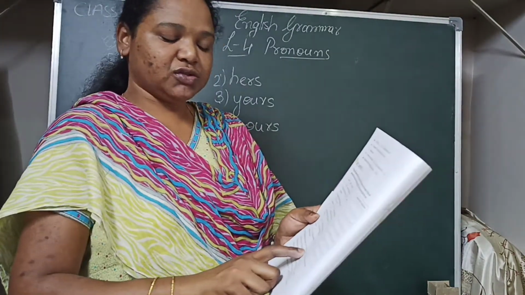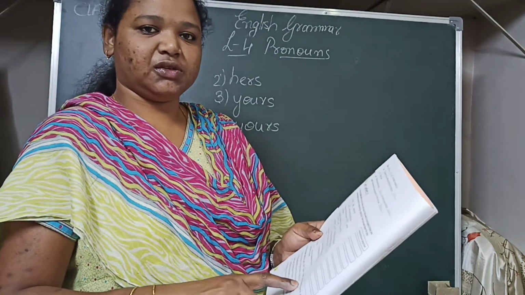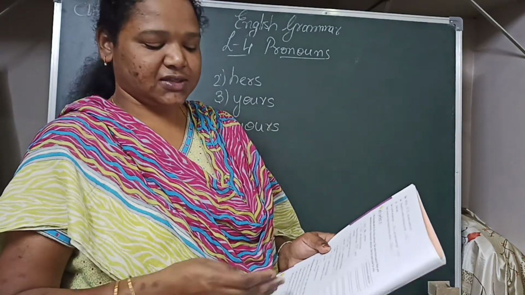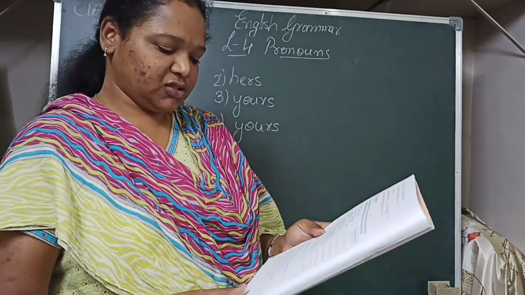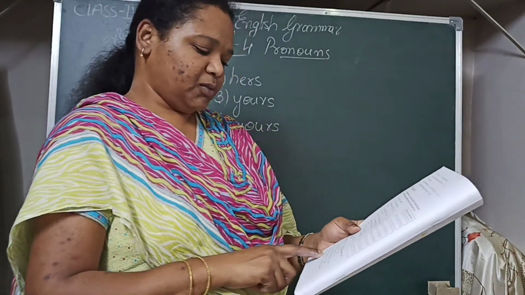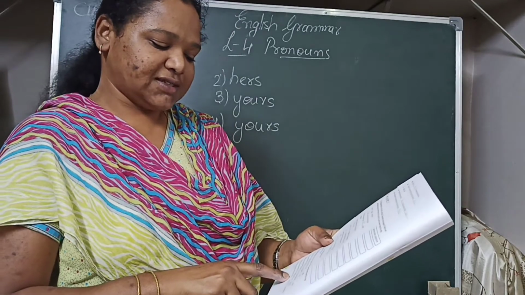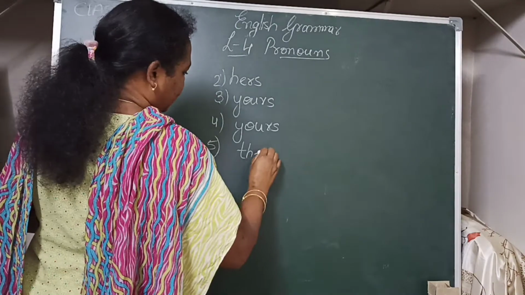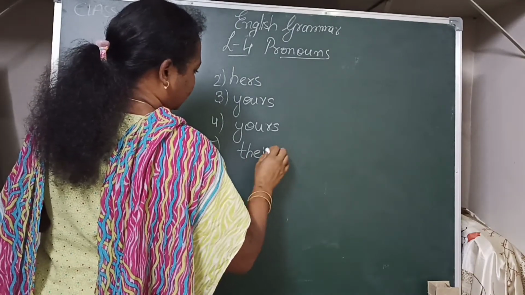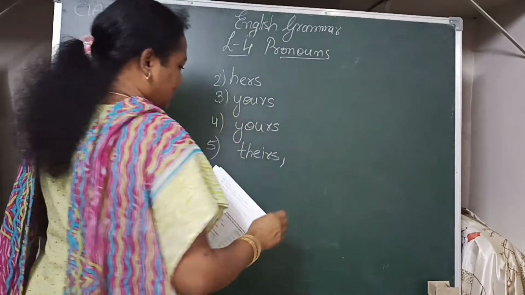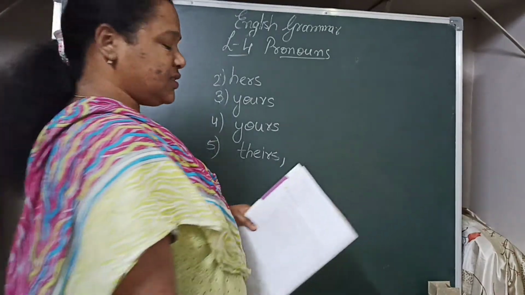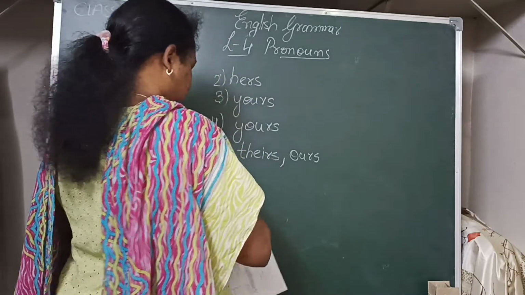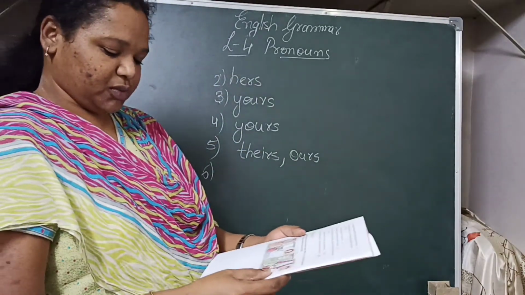So you have to use this option wherever it is possible, wherever it is needed. You can use the same option, same pronoun, 2-3 times. Okay children, no problem. Fifth one, we must not think of things as mine or theirs. Everything is ours. Sixth one, turn to page number 33.